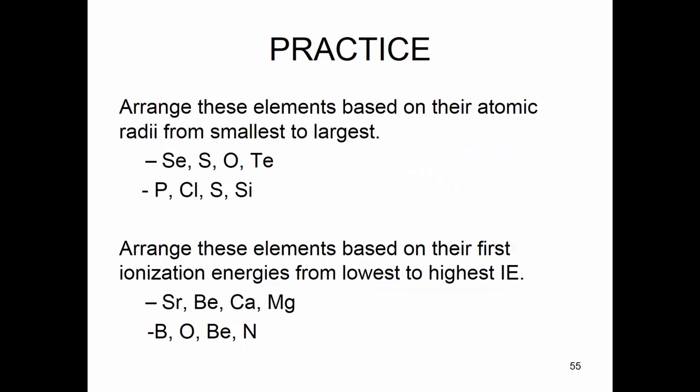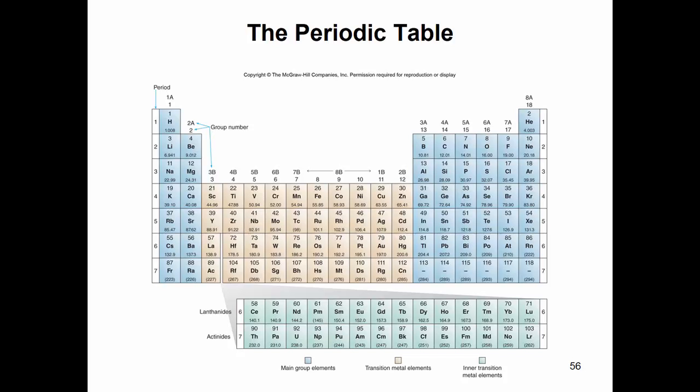All right, so let's practice these. Before we even practice, let's go ahead and label this again. Label what we know. Anything up here for our radius, or our size, our atomic radius, same thing, is going to be small. And opposite of it, diagonal, these are going to be large atoms.